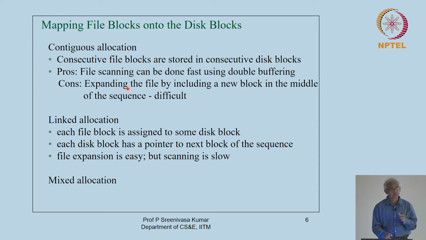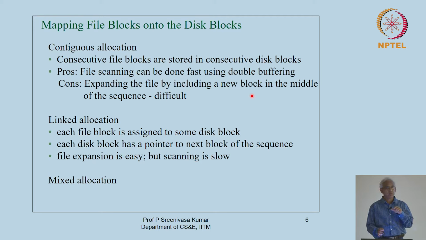But the downside of this kind of contiguous allocation is that when you're trying to include a new block into your file data, since our policy is storing consecutive file blocks in consecutive disk blocks, somewhere in the middle that new block has to be inserted.